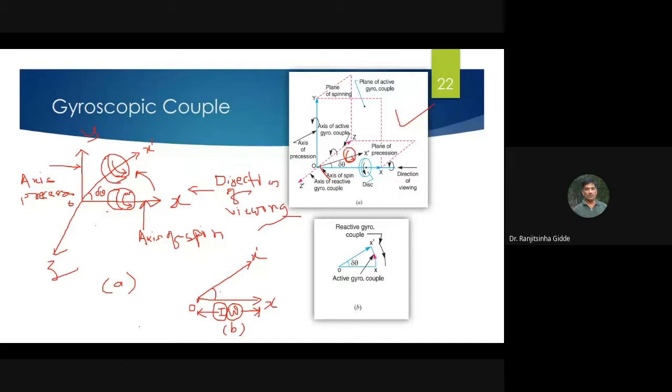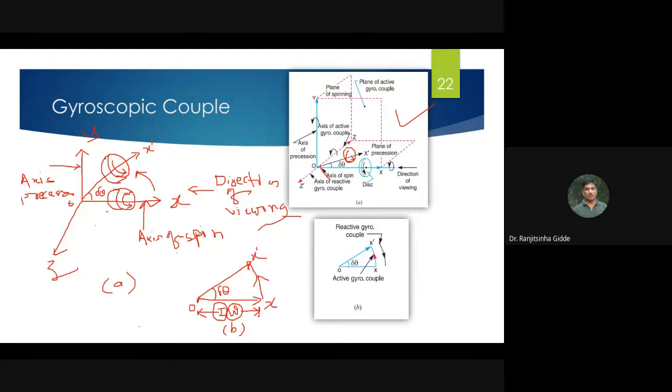And this is delta theta. Initially this OX is the vector, and we have turned it to this new position, so we need to show the arrow there.